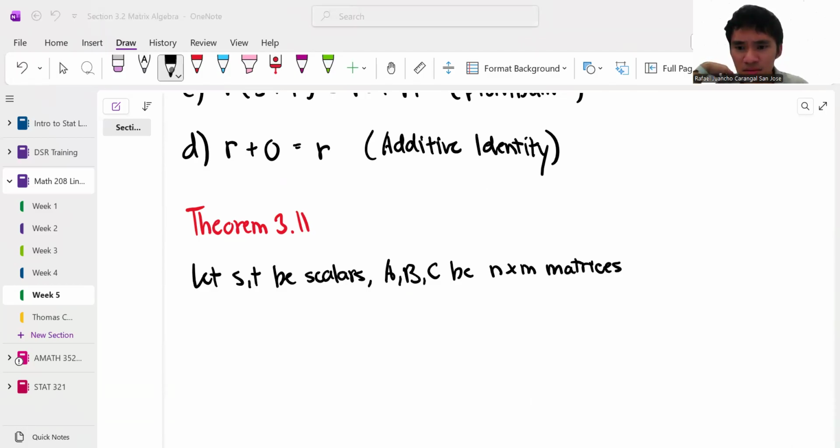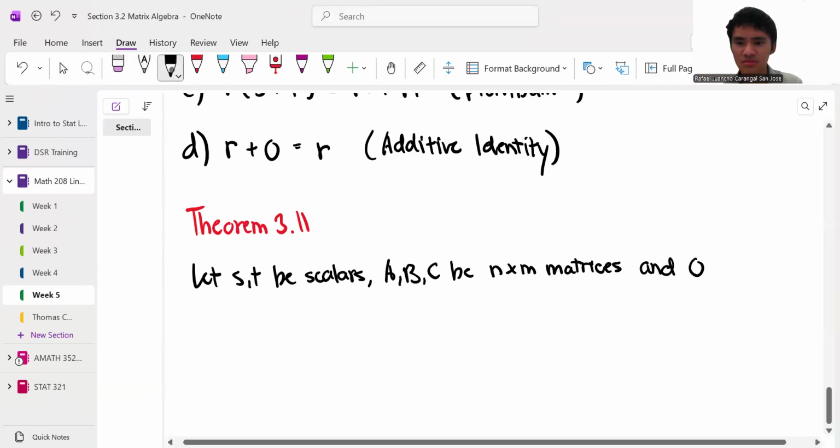And we also have a 0 and M, and we say this is an N by M matrix.